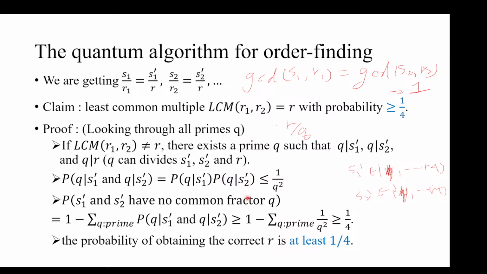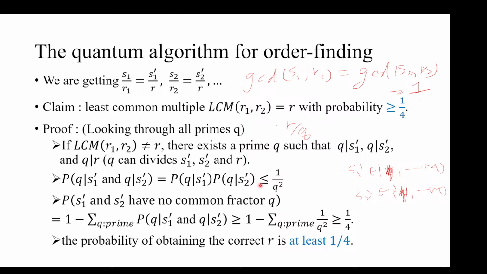For a prime q, the total probability that they have no common factor is 1 minus the sum over all possible primes q such that q is a factor of S1 prime and q is a factor of S2 prime.